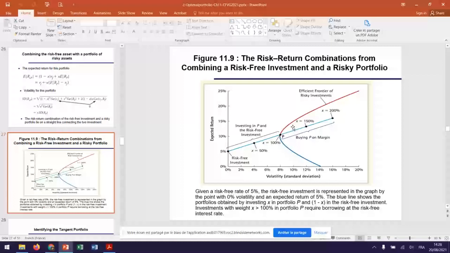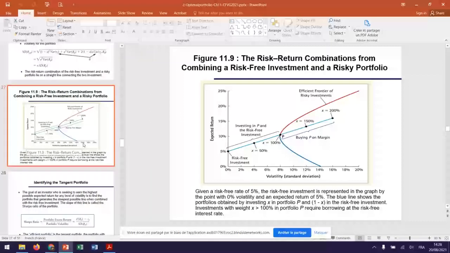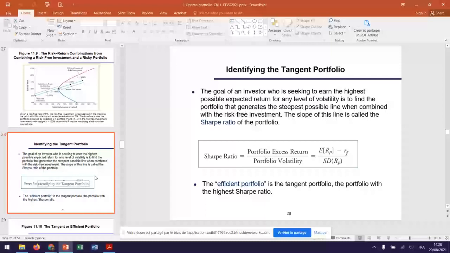So therefore, the idea is you should move the blue line to the one that will touch that frontier, where you get the highest slope of that line. And the slope of that line is known as a particular type of ratio, which is called the Sharpe ratio.